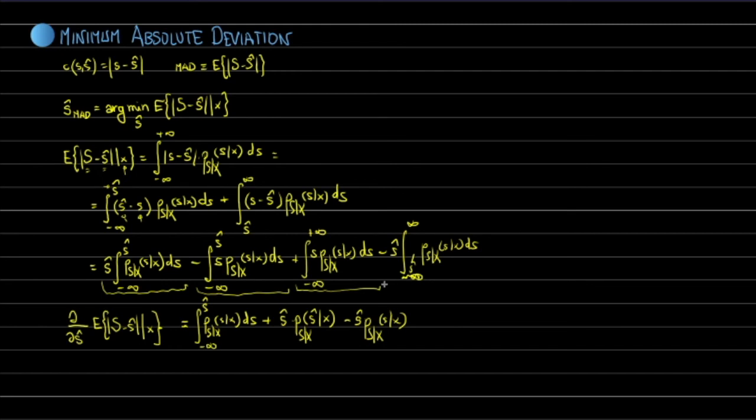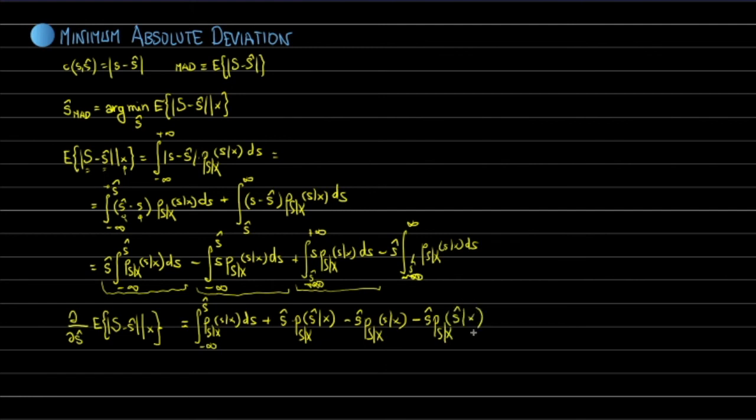And well, this integral is from S hat, sorry. Here we have to compute the derivative of the integral with respect to S hat, and S hat is in the lower limit, so the derivative will be equal to the integrand with minus sign. So minus S hat P of S given X evaluated at S hat.